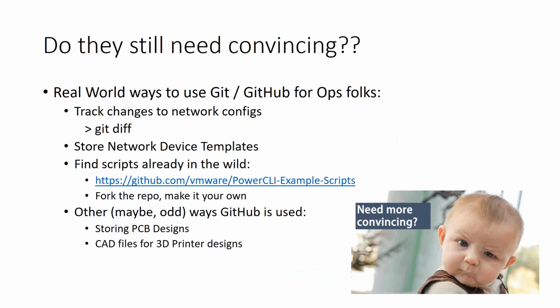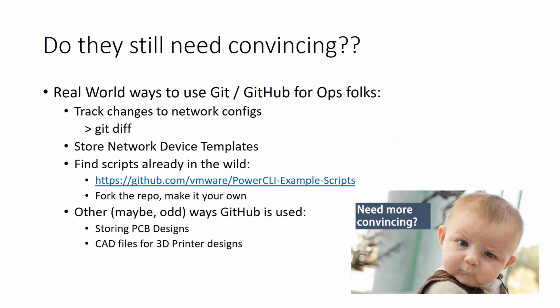I myself went to college and got a degree in computer engineering, focusing on embedded systems, and a lot of what I did coming out of school initially was PCB design, and I've seen a lot of guys now that are doing more of the IoT and electronics maker kind of things. They're using GitHub to store PCB designs, right?